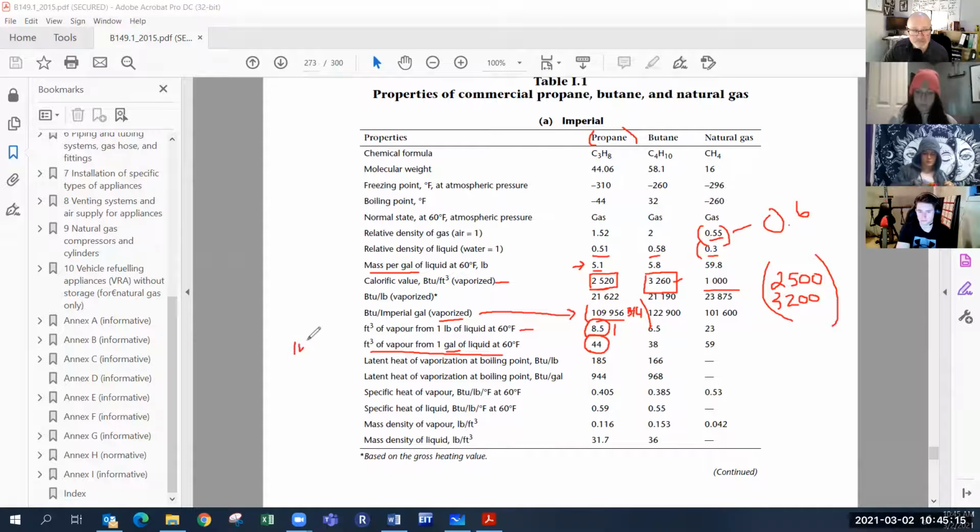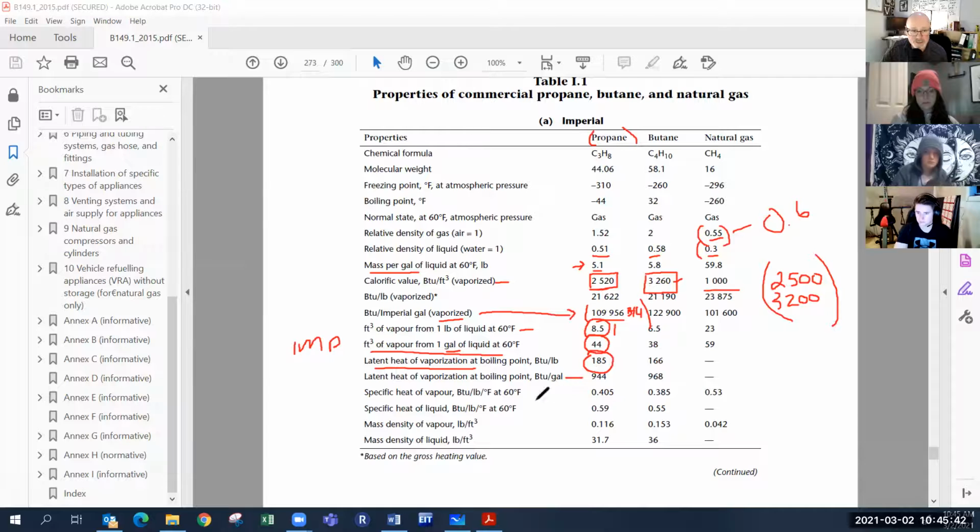And these are imperial gallons, by the way, not US gallons. Latent heat of vaporization means you get 185 BTUs per pound of propane, and that's the one we're going to be concerned about as well.